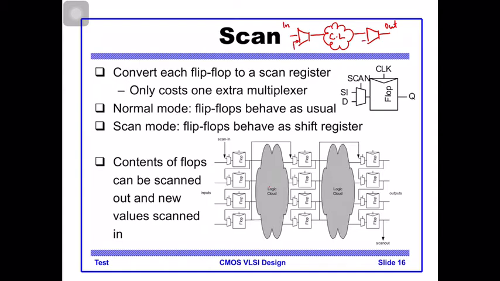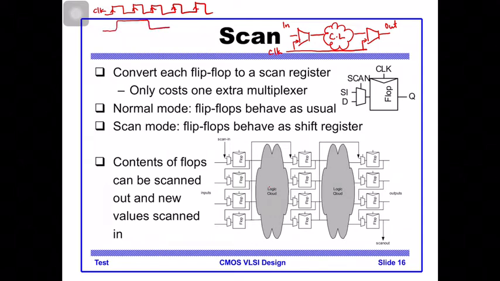So this flip-flop is controlled by a clock. At the rising edge of the clock, if the clock is positive edge triggered, so this is the clock, and you have your input data, for example like this.